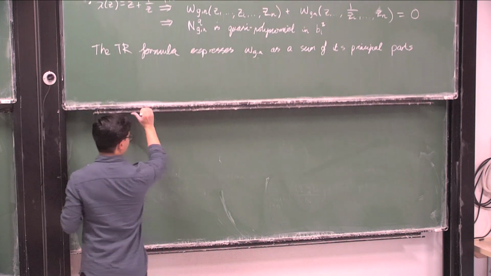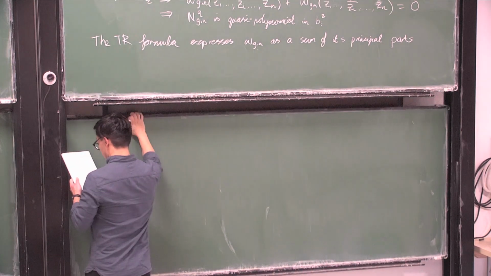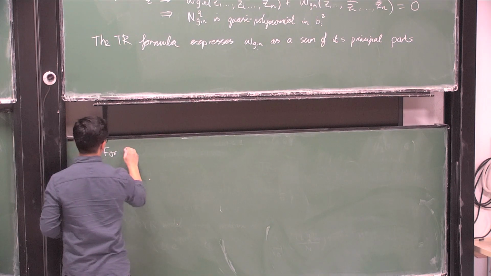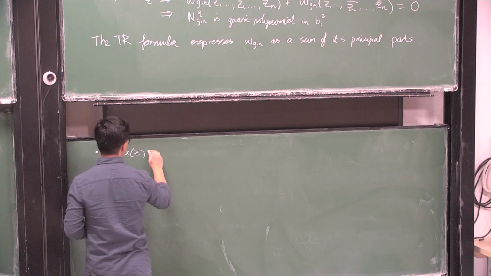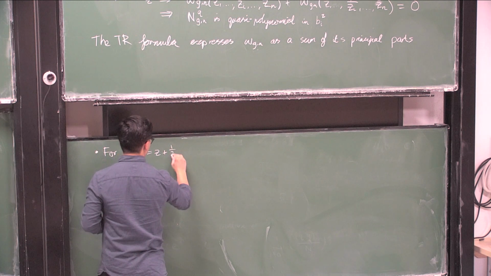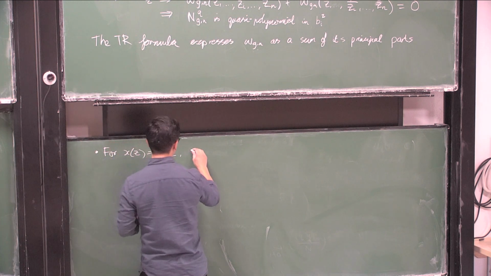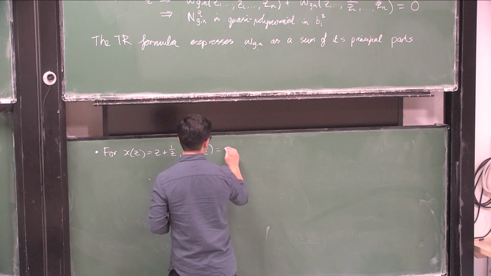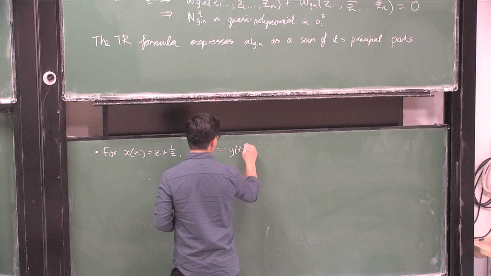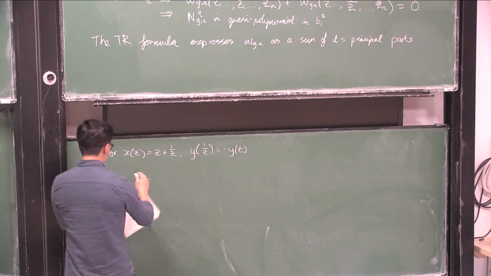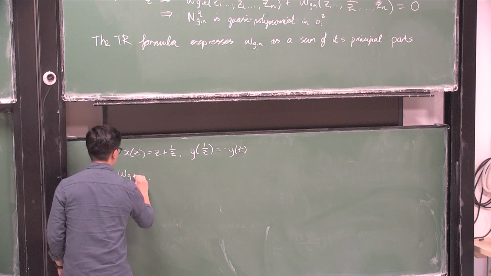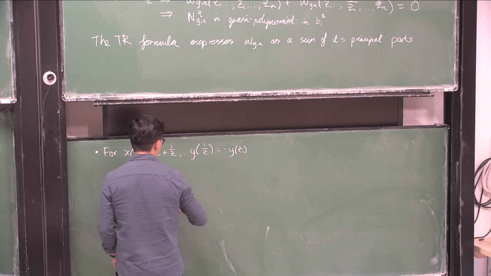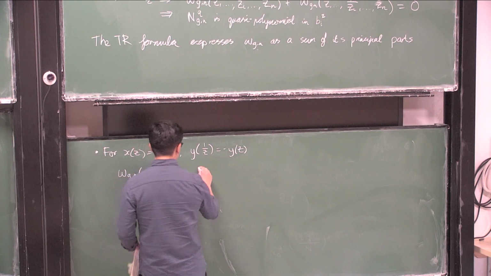What does this tell me? It means that I can write down very explicitly, let's say in the case x of z equals z plus 1 over z, and as long as your y is nice enough, let's say y of 1 over z equals negative y of z, which is what we have in our particular scenario. So omega g,n of z, with n minus 1 other z's, equals a sum over the branch points.